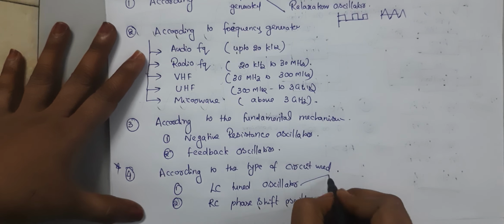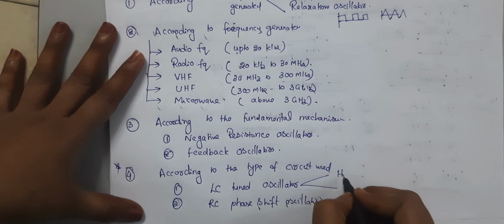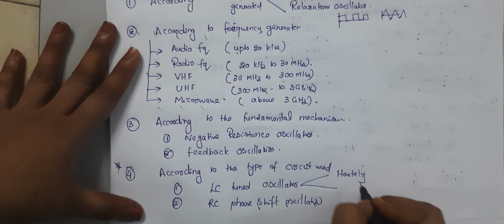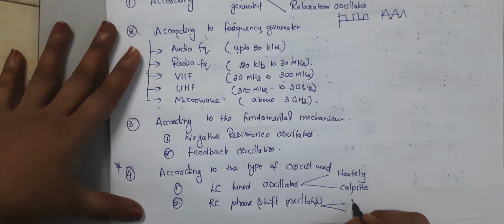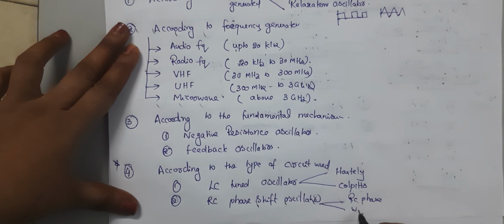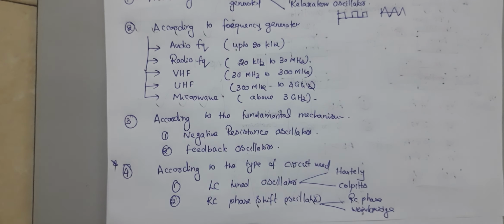Here again we have two classifications, Hartley oscillator and Colpitts oscillator, and here RC phase shift oscillator and Wien-Bridge oscillator. According to the type of circuit elements used, the oscillators are classified as LC and RC oscillators.